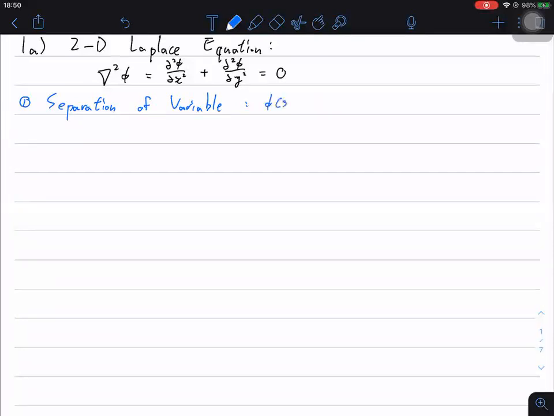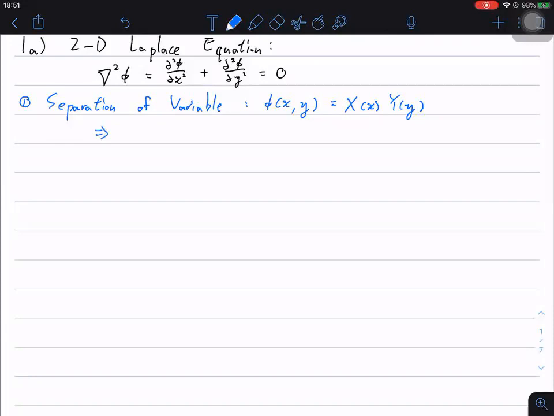So basically, what we do is letting the function phi as a function of x and y equal to the product of two functions, big X and big Y, where the function big X is the function of X only, and the big Y is the function of Y only.